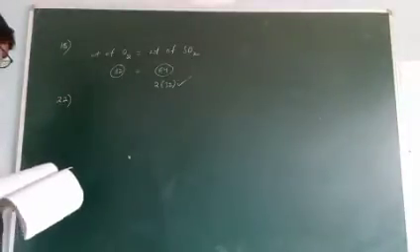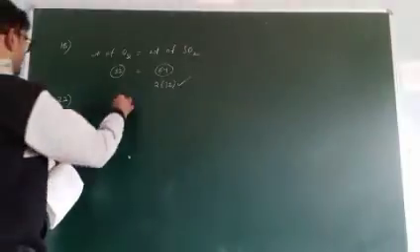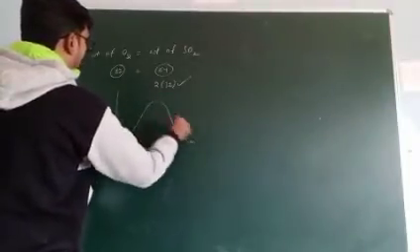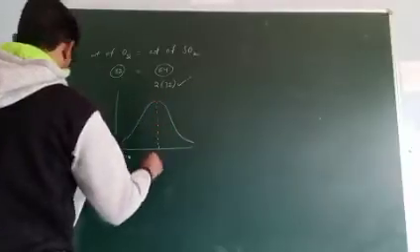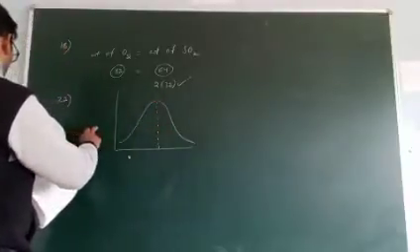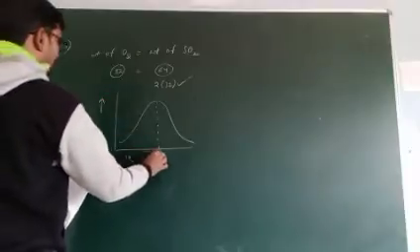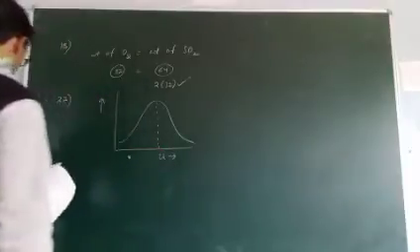22. One graph is given. In the graph, this side is the fraction of molecules, and this side is RMS velocity.